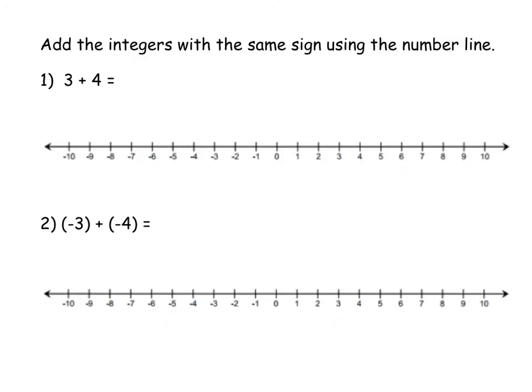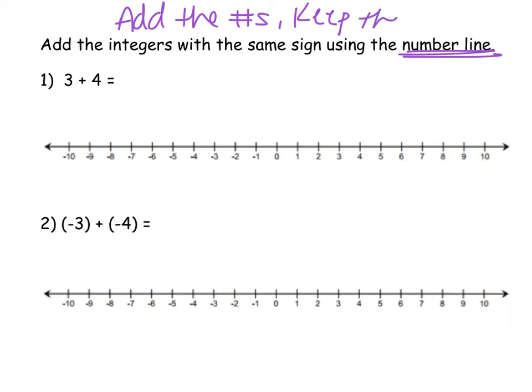Now, let's do some practice using a number line so that we know what's actually happening. We know we're just supposed to add numbers, so add the numbers, keep the sign. So that's our little trick, but why does it work? First let's add 3 plus 4.